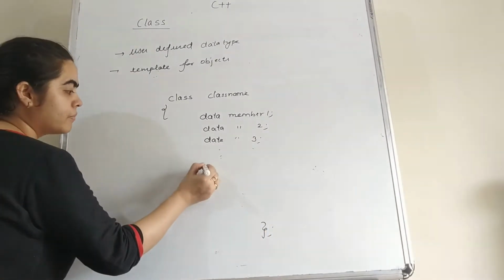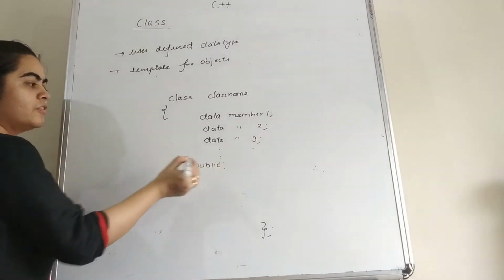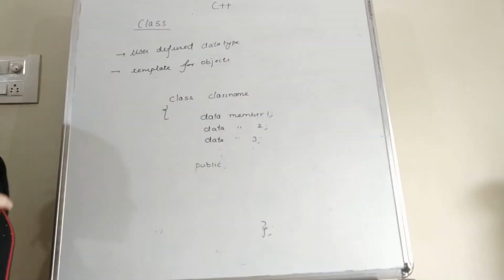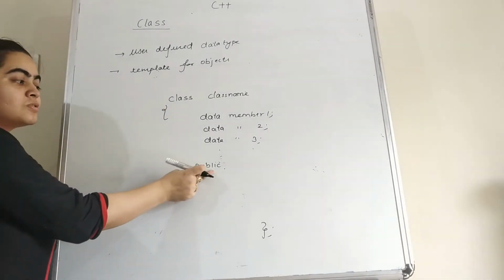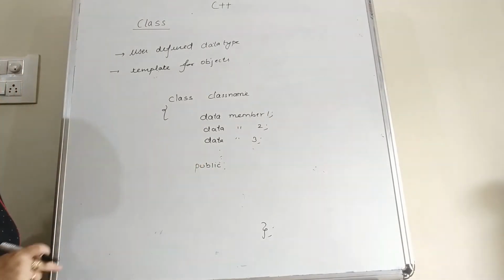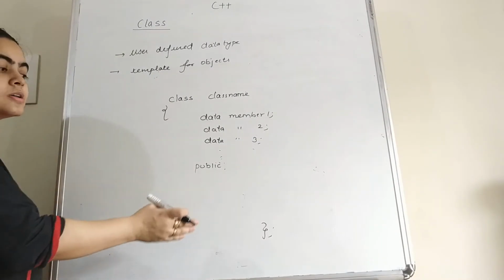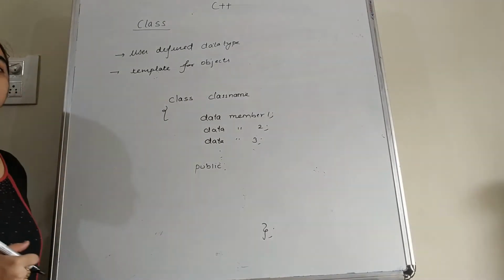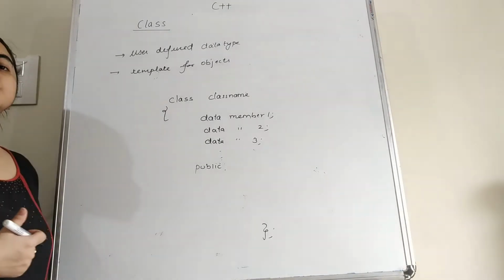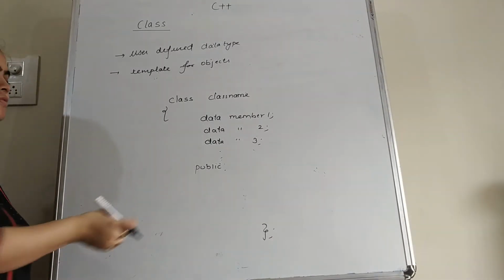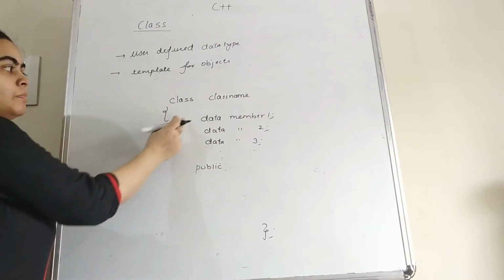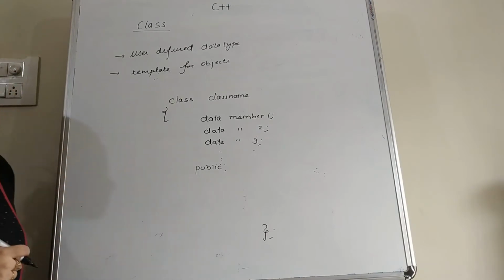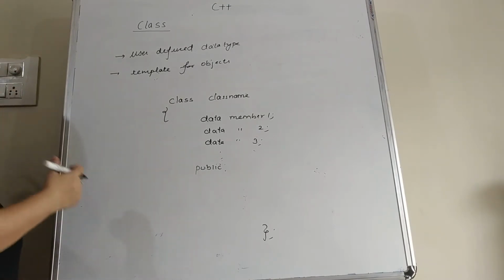So students, member functions we can declare publicly because we have to use the member functions of the class outside the class. If we make these member functions private, it won't allow us to use private member functions outside the class. So if we want to use the member functions outside the class, then we have to make them public, and these data members we can declare as private because this data is very important.